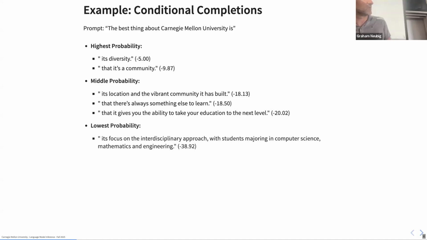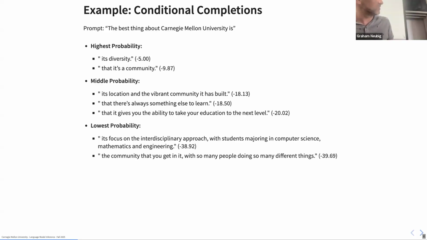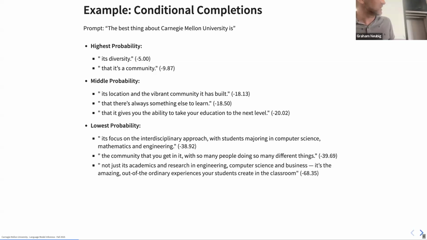And then if we look at the lowest ones out of the ones I sampled, it's the focus on the interdisciplinary approach with students majoring in computer science, mathematics, and engineering, the community that you get with it, so many people doing so many different things, and not just its academics and research and engineering, computer science, and business. It's the amazing out of the ordinary experiences your students create in the classroom. So, all pretty reasonable things. Computer science made its appearance, I guess.